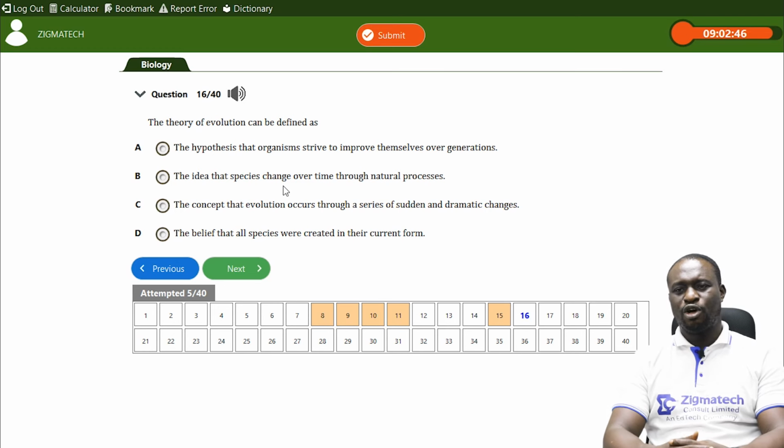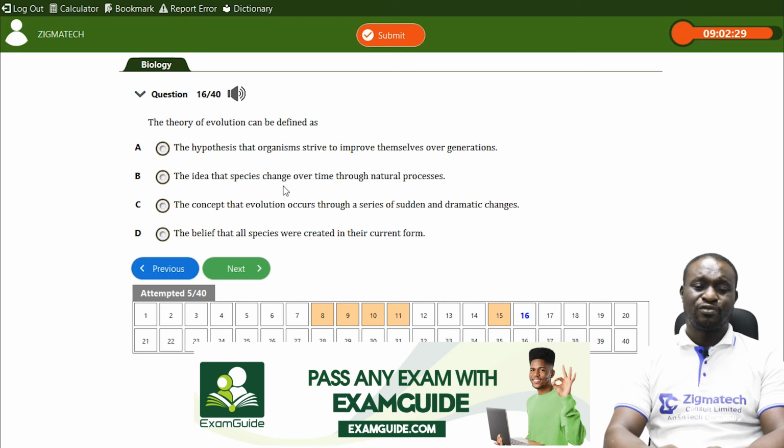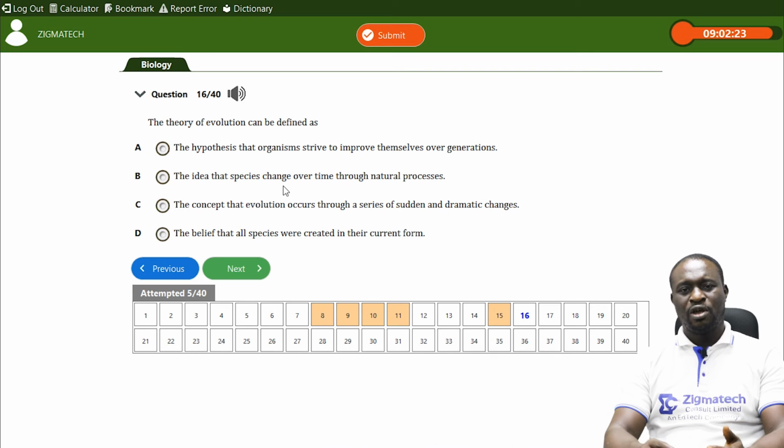at the theory of evolution, first of all, you need to understand what evolution is all about. Evolution has to do with the sum total of adaptive changes from pre-existing forms over a long period of time, resulting in new structures, forms, and behavior in an organism.